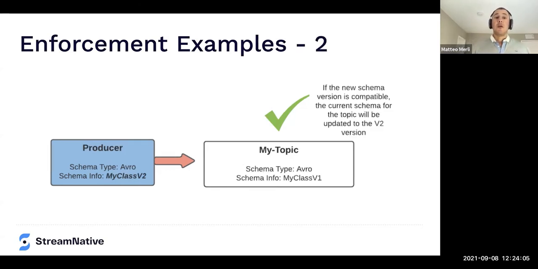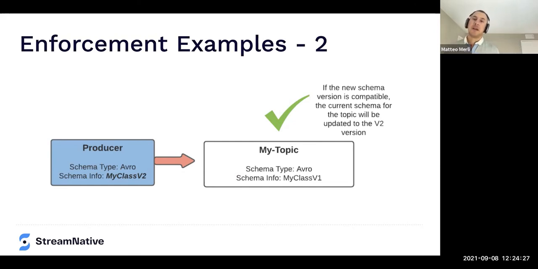Similarly, you might now deploy a new version of your Pulsar application, and some field was added to this class. So now it is a different version of this class. It might be named the same way, but it is different because you added a field, so the extracted schema is slightly different.